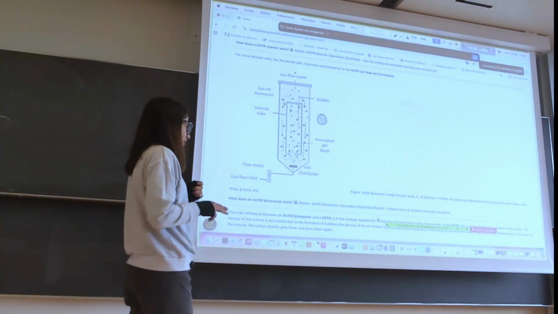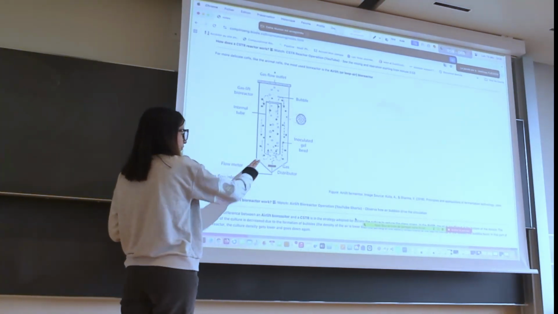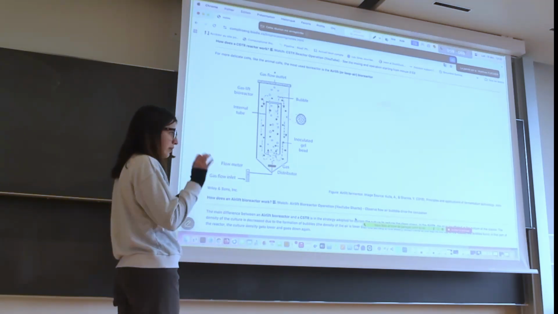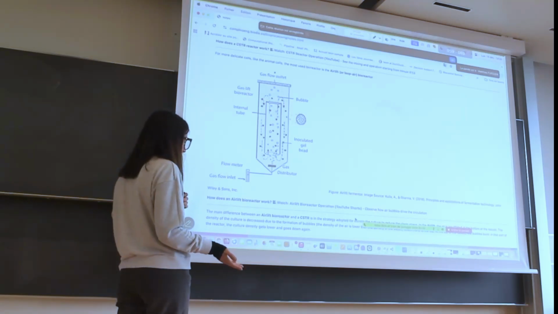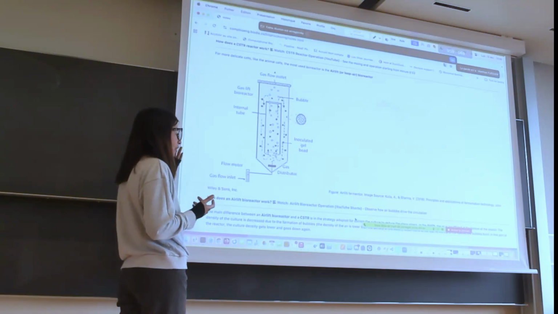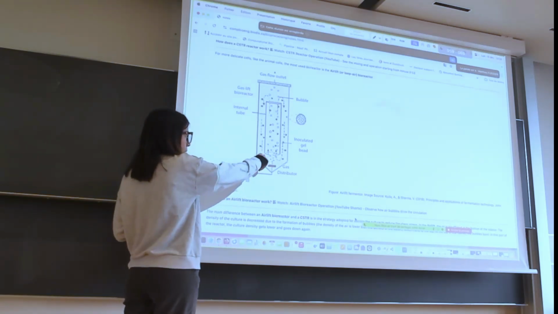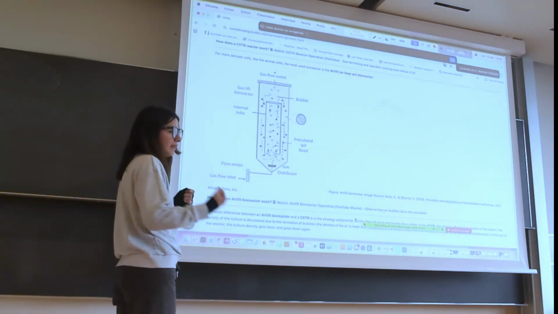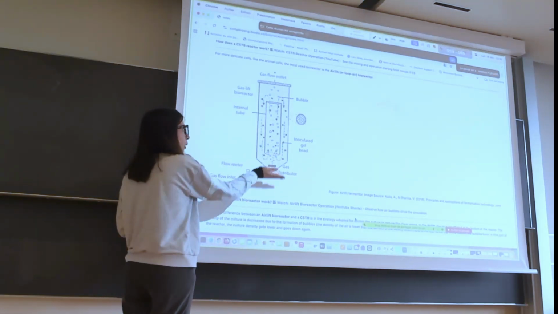When there is a flow from the bottom of the bioreactor, we have in this zone the creation of some bubbles of air, and this allows us to locally decrease the density of the solution here, because the air has a density that is lower than the water, and this pushes the liquid to go up.